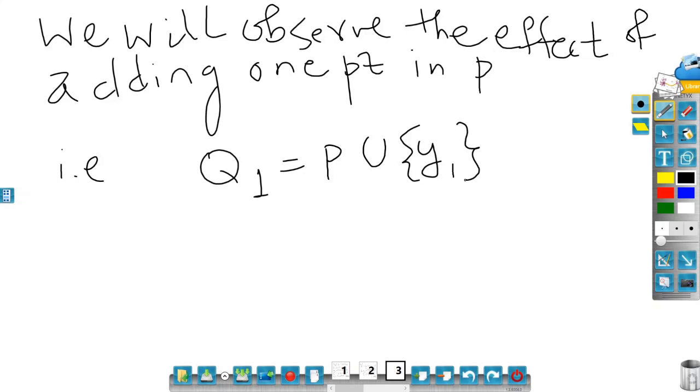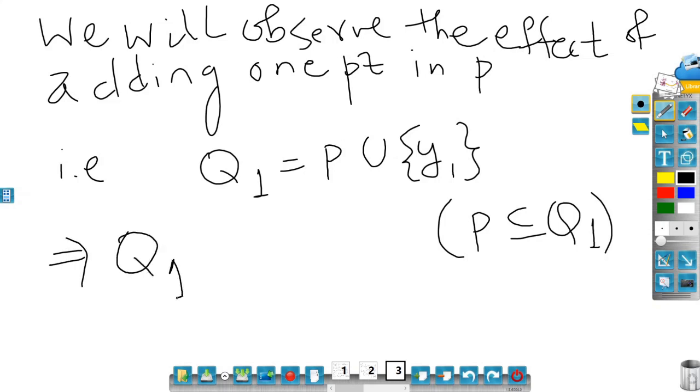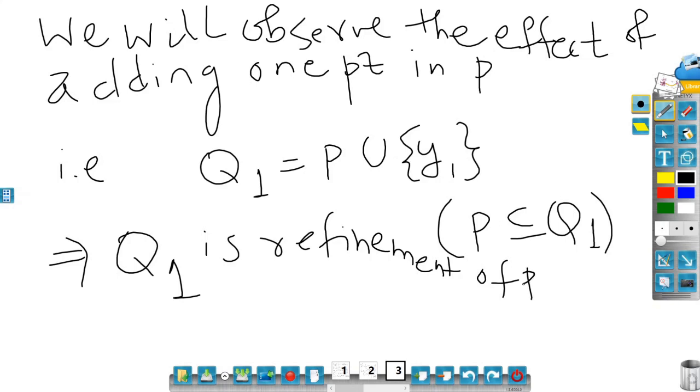Now you can see that P is a subset of Q1, so this implies that Q1 is a refinement of P.